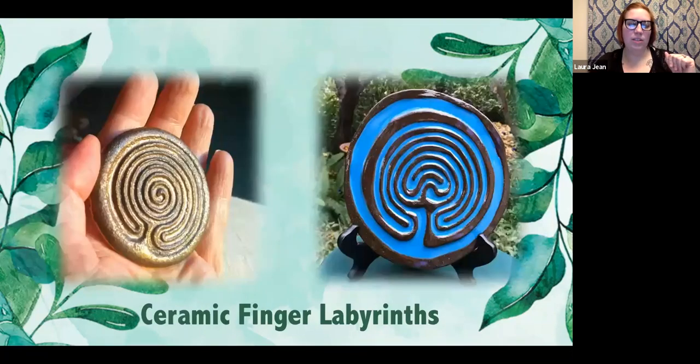And we also have ceramic finger labyrinths. There are tons of these made out of ceramics. You can go on Etsy or just Google ceramic finger labyrinths, and there are hundreds of them that artists have made and that they're selling. So that's pretty cool too, and it's just preference.